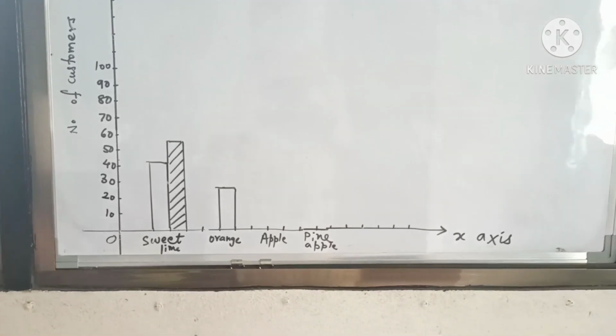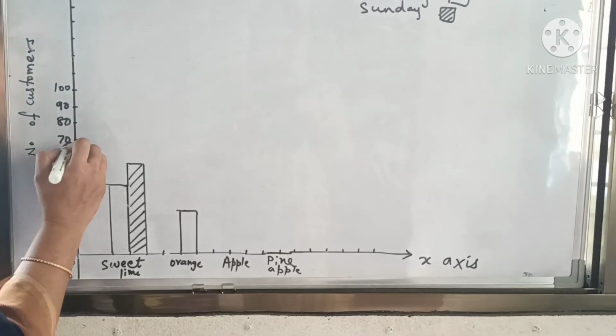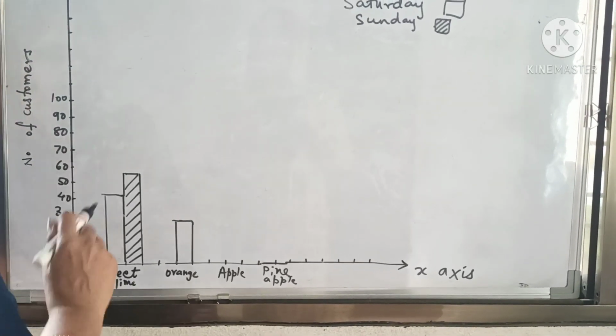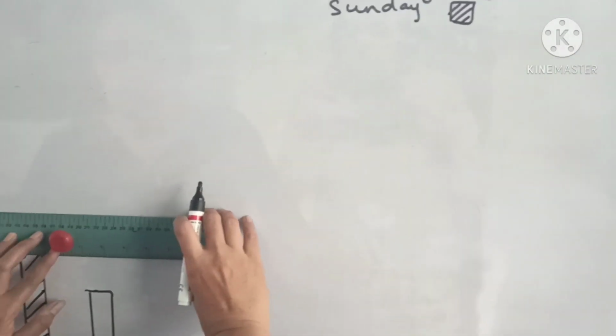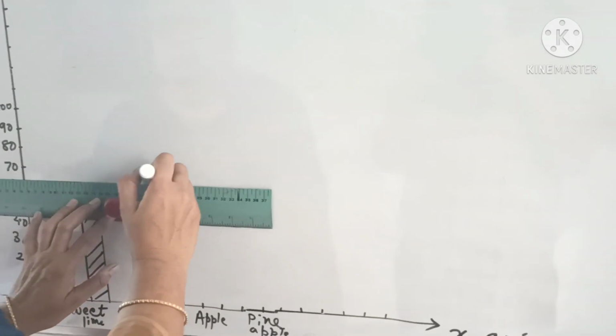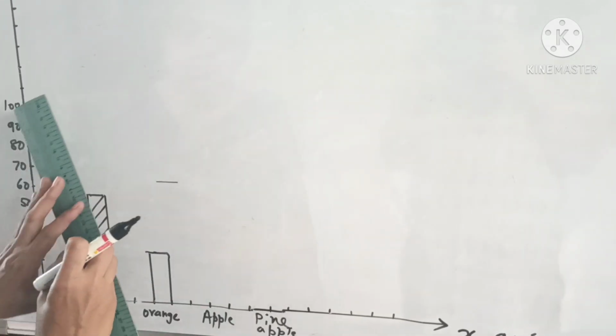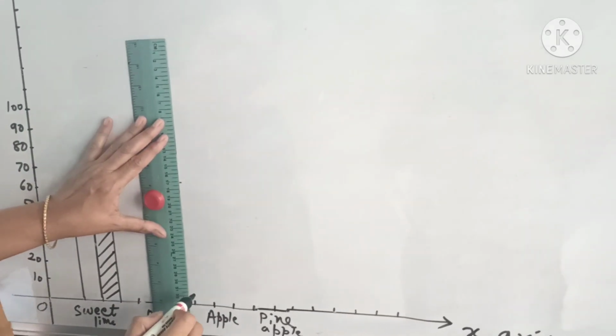Then the other number is 65. So between 60 and 70 you will get 65. So just do rough marking like this and draw the bar.